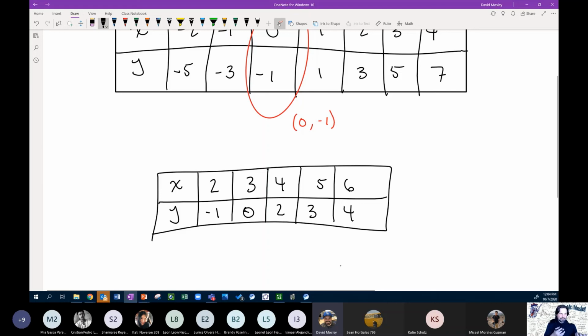Okay. Por ese ejemplo, no tenemos el valor. We don't have the y-intercept on the table yet. Okay. No tenemos intercepción Y porque no tenemos valor de X 0.